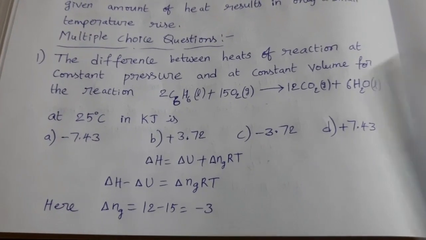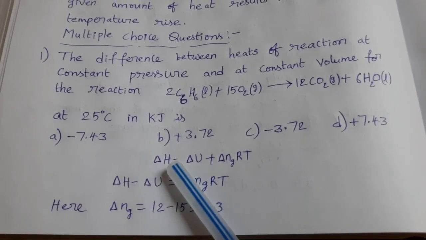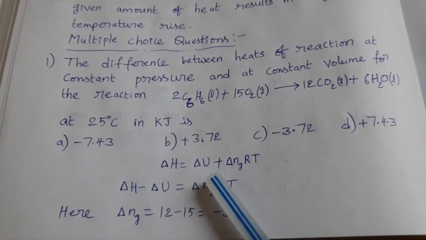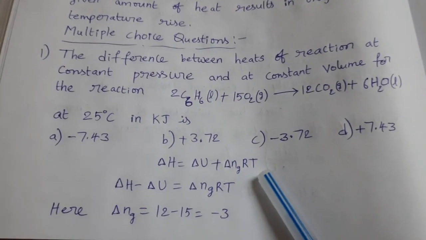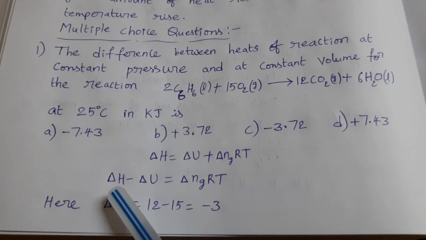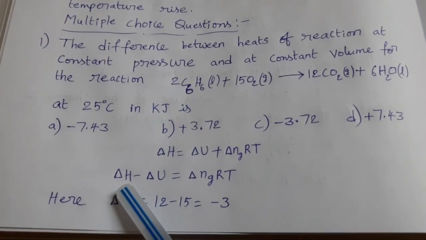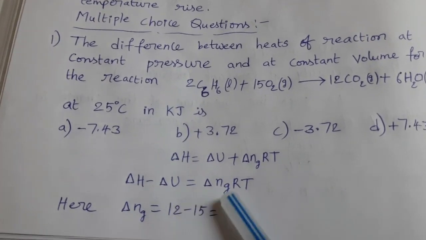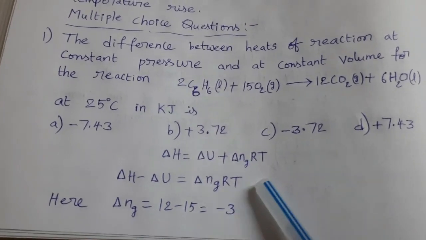So we know the enthalpy change formula, delta H equal to delta U plus delta Ng RT. We want the difference in heats of reaction at constant pressure delta H and at constant volume delta U, that equal to delta Ng RT.